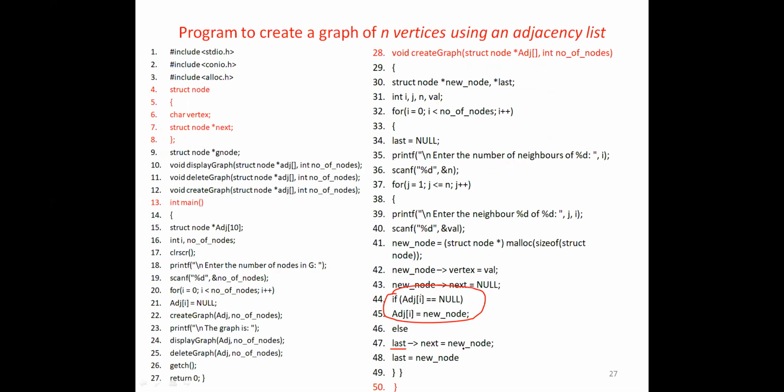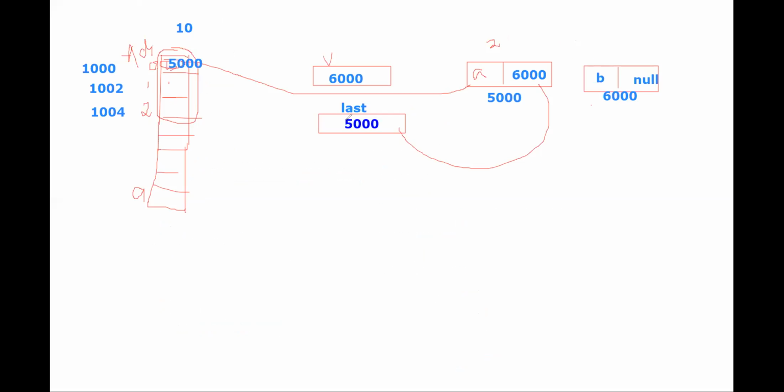Once I have done this, the else part is over. Next, it has to execute: the newly created node is the last node, so I should pass 6000 here.